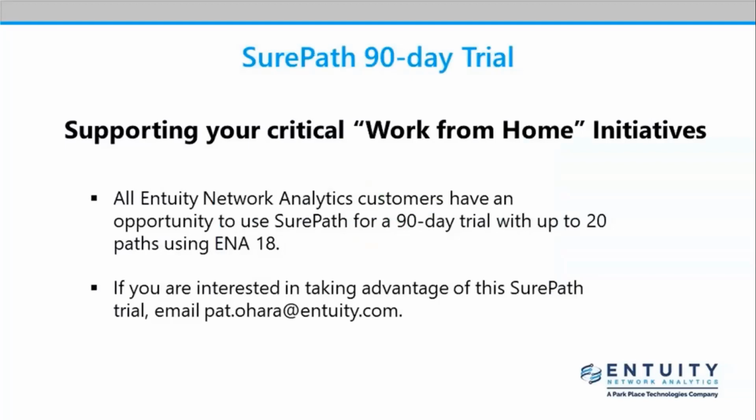If you email Pat, she'll sort out a license for you, which will allow you to do up to a 90-day trial of SurePath right at the moment. And that could be done not on your production environment. You could do that on a separate installation performed in your lab, just on a dedicated server if you want, or VM. So that's something that you can perform.